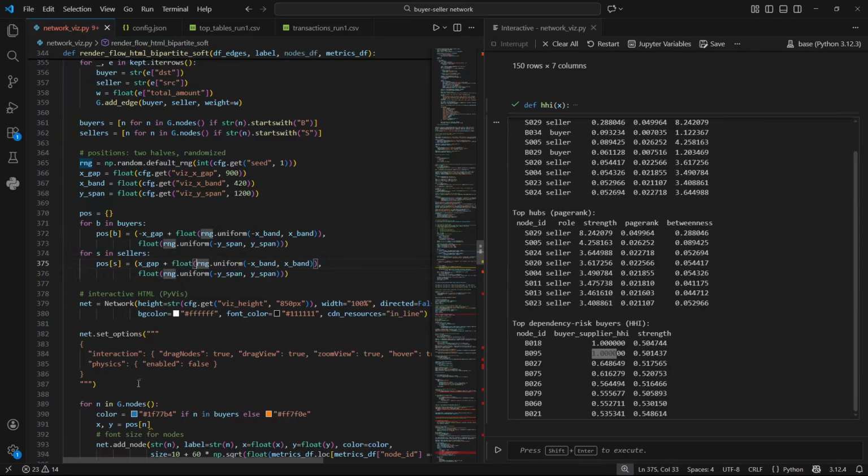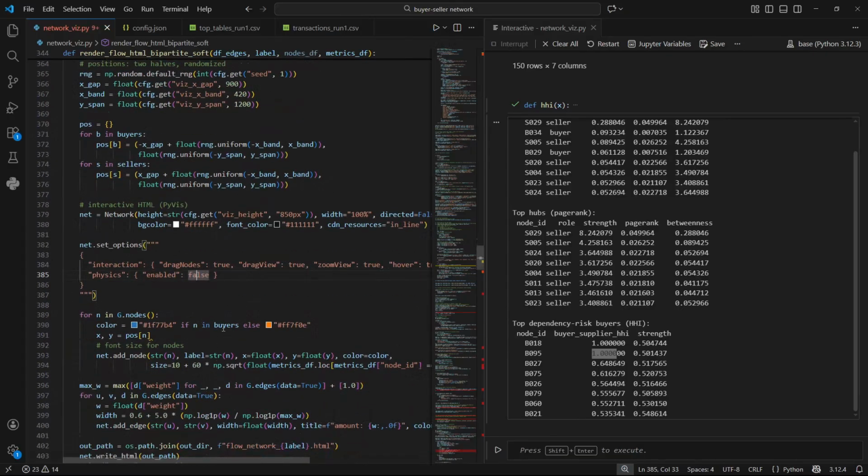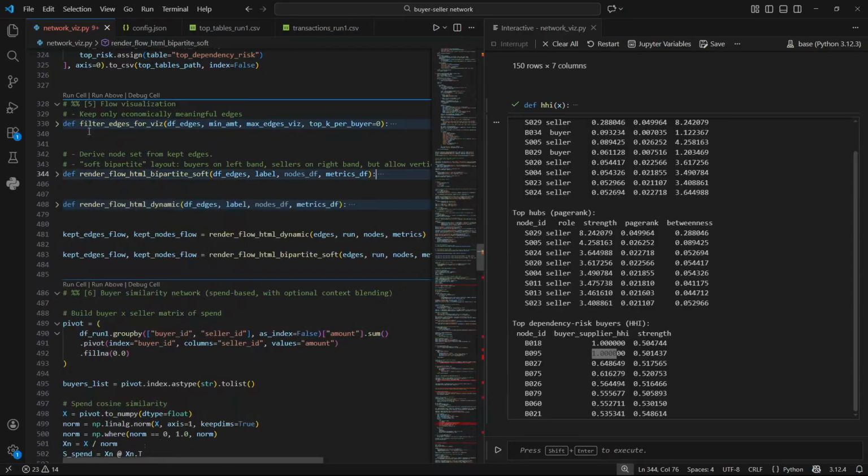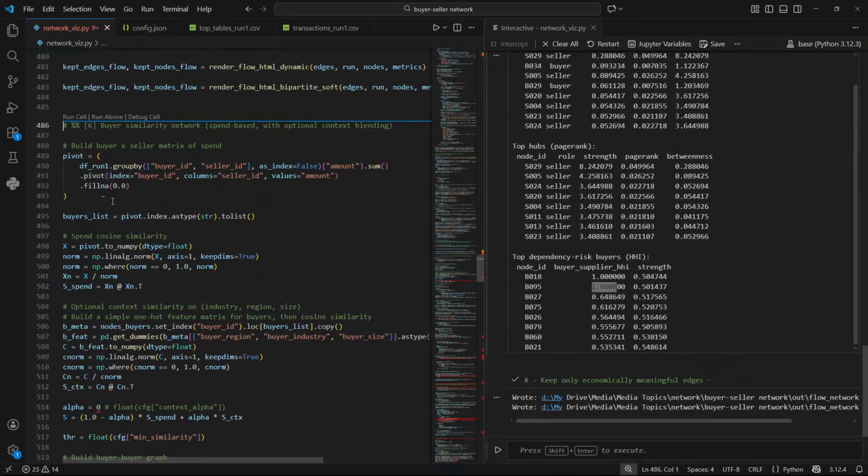The rest is the same, but the configuration is much simpler because we don't want any dynamic here. We want them to be fixed in place, but also we want zoom and drag and everything. And also you can add colors, labels and other visualizations here, right? So let's do this, and then we can look at the visualization at the end.